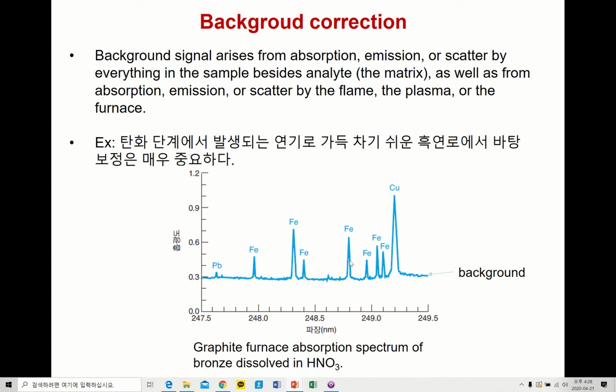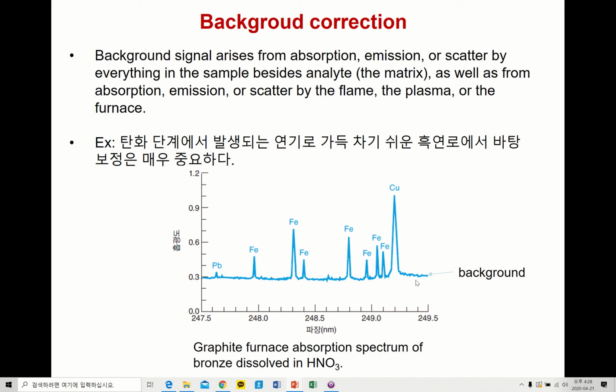But the graphite furnace itself generates some signal, right? Look at that. These peaks are not based on the zero signal, but on an absorbance of 0.3.